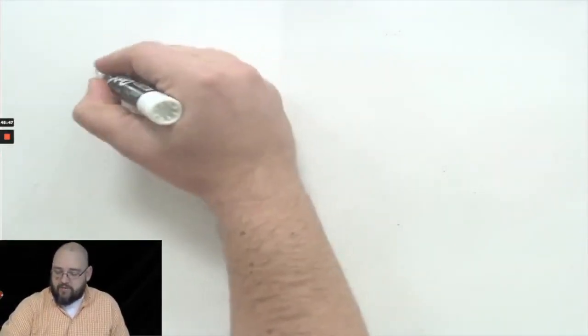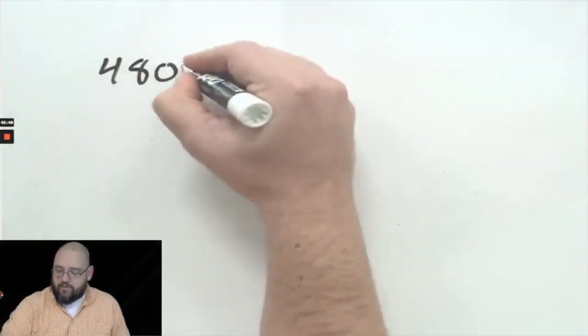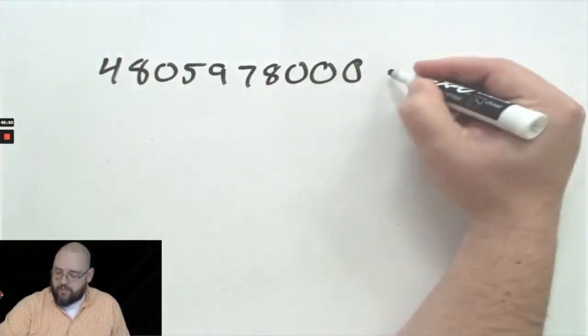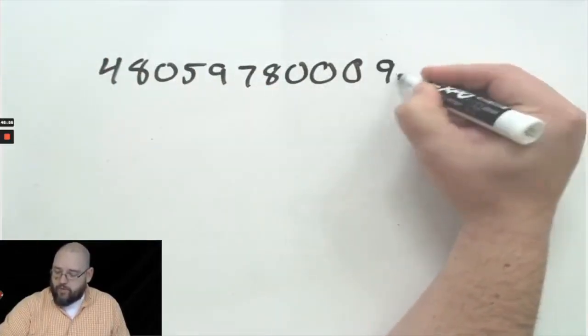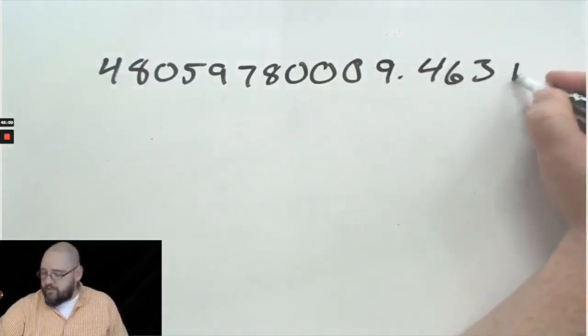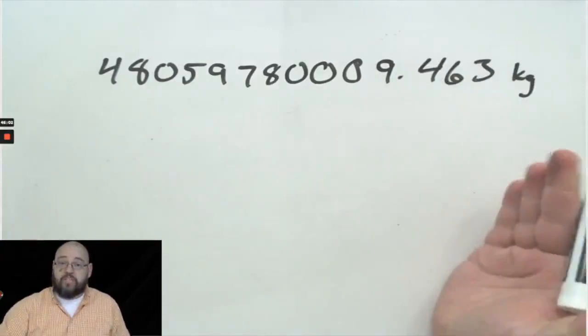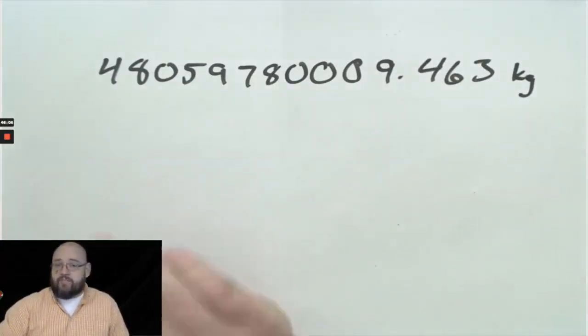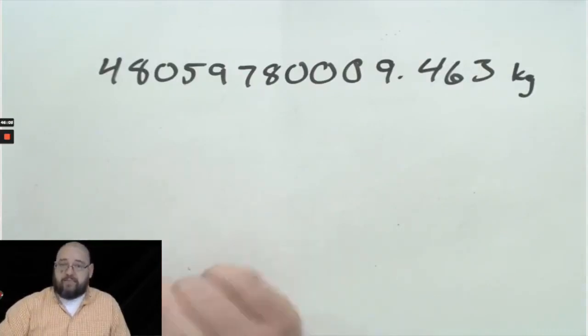So let's say I have 48059780009.463 kilograms. That's a really, really big number, a very, very large mass. But I want to round this number to 3 significant figures.